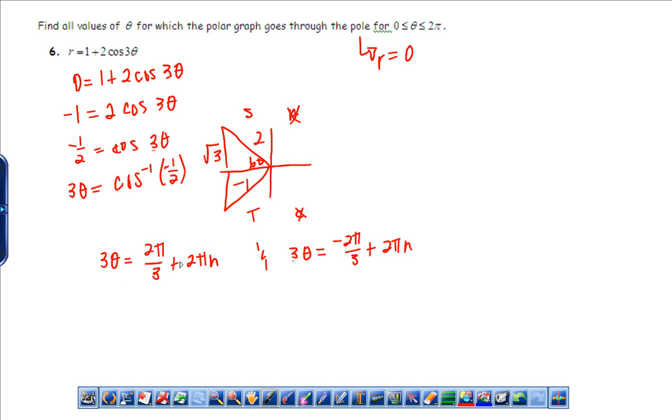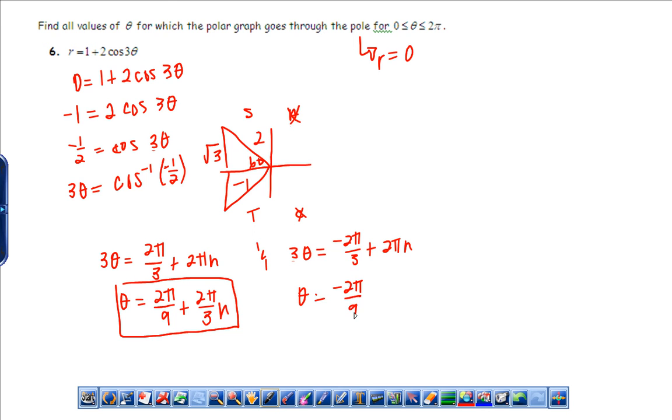If you divide by 3, theta is going to be 2 pi over 9 plus 2 pi over 3 n. That's one general solution. And theta equals negative 2 pi over 9 plus 2 pi over 3 n.